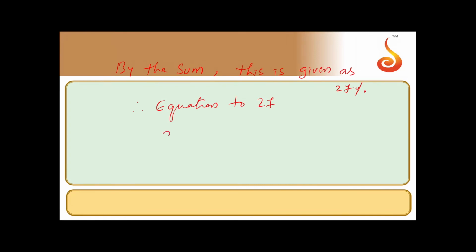We need to simplify. Finally, you are going to get x as 22.59. Now, what is x actually? x is the mass of water formed.